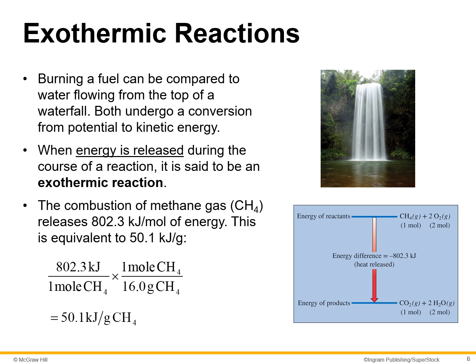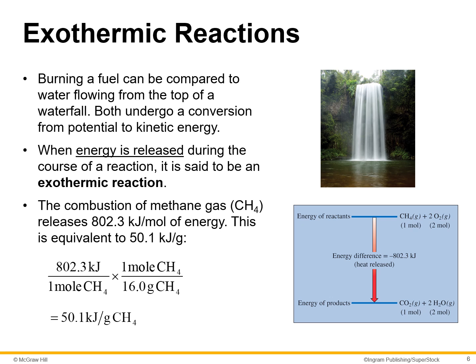I mentioned the words exothermic reaction and endothermic reaction. Exothermic reaction is when you release energy. Endothermic is the opposite. In this case, we have the combustion of methane gas. Remember, combustion requires just some oxygen to produce CO2 and water.